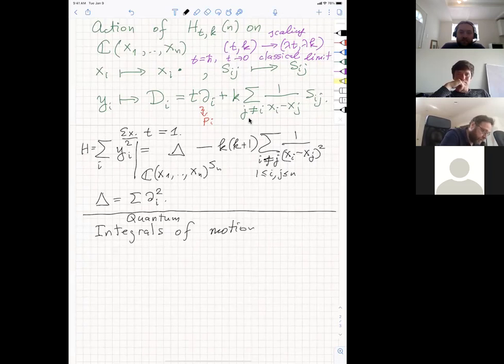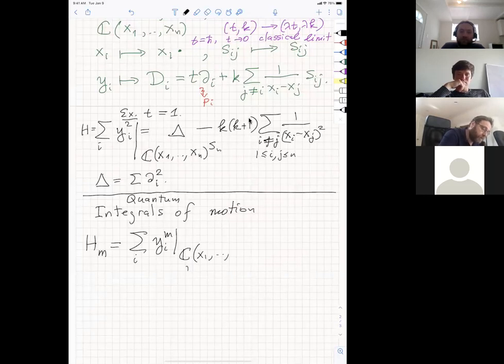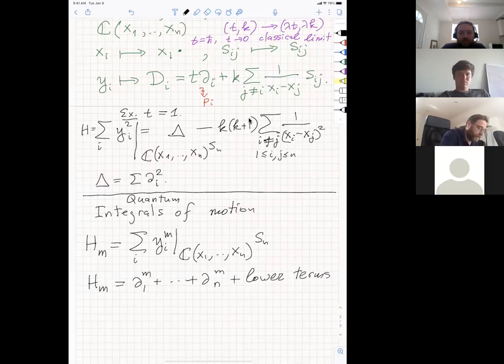So we can define Hm to be the sum over i of yi to the m, restricted to invariant functions. These operators Hm have symbol d1 to the m plus so on, plus dn to the m, but then there are some lower terms, and this H is commutative.